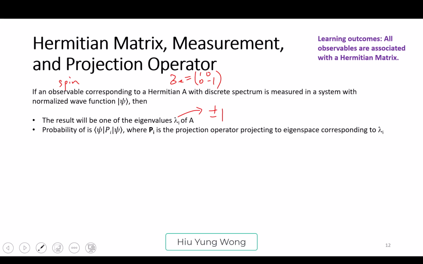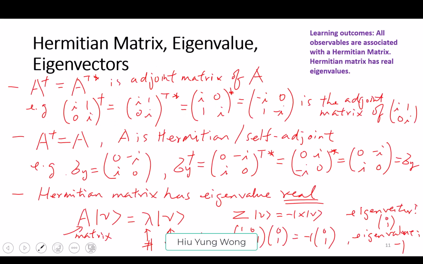What you measure are actually the eigenvalues of this Hermitian operator. Right? So, for example, here I told you that Z has an eigenvalue of -1 or +1. I did not show it here because it has two eigenvalues. So when you measure the spin, you can get either +1 or -1. And this +1 or -1 turned out to be the eigenvalue of Z.